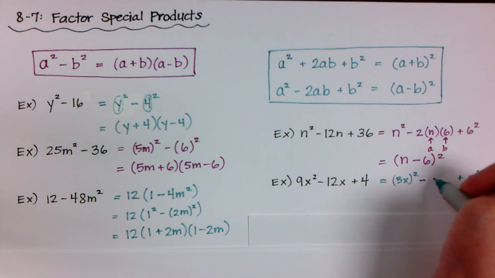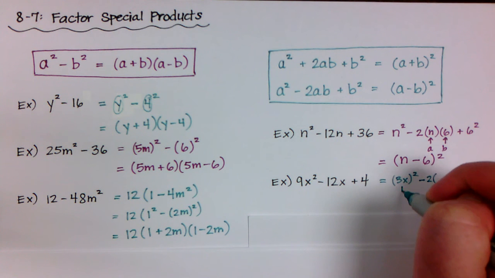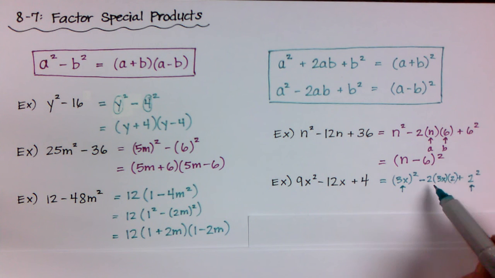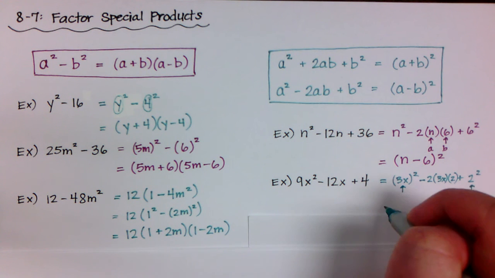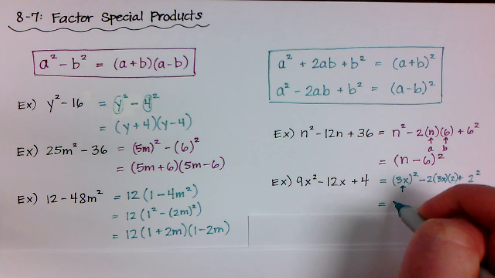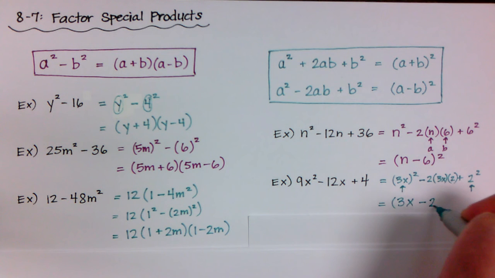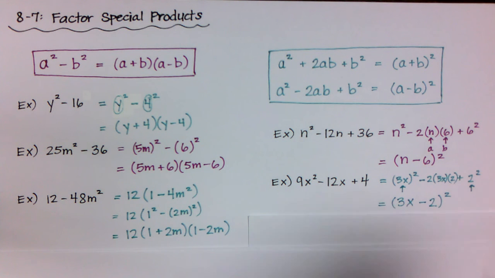This is going to be subtracting 2 times this first term, 3x, times the last term, 2. Let's just double check. 2 times 3 is 6. 6 times 2 is 12. And that gives me my 12x. So in parentheses, it would be my first term, 3x, minus the last term, 2, squared, and I'm done.